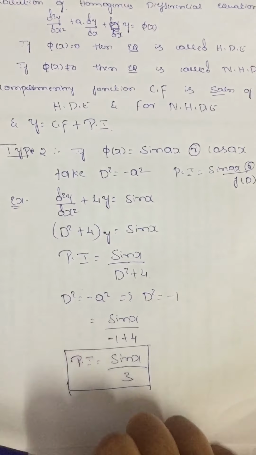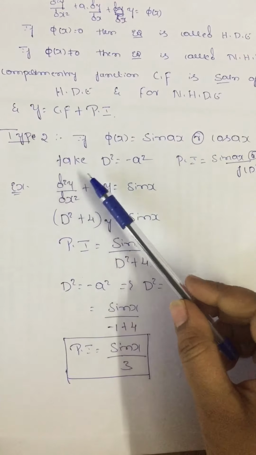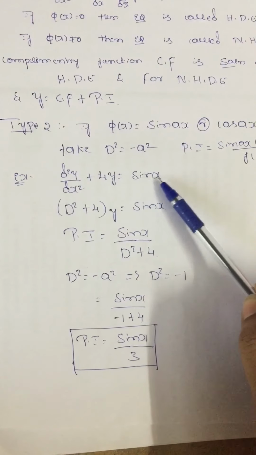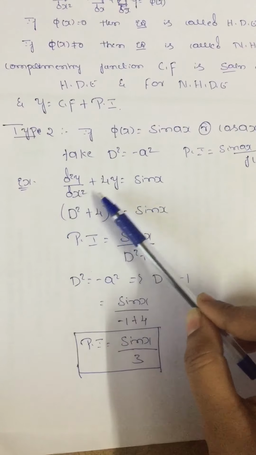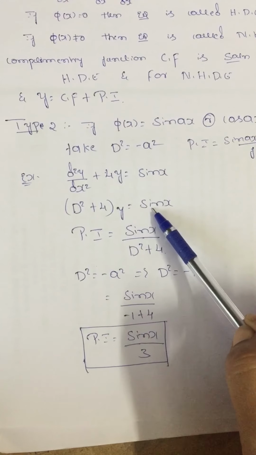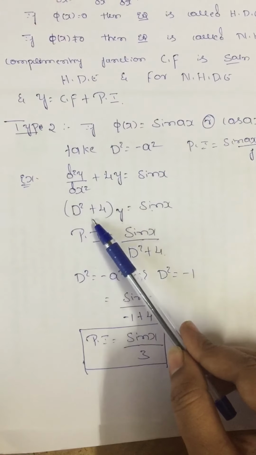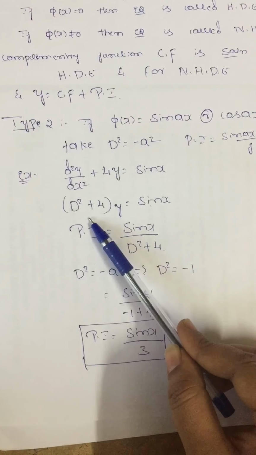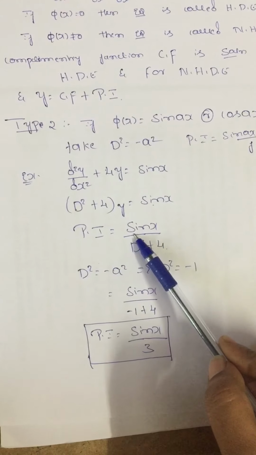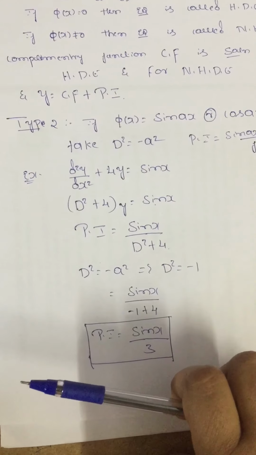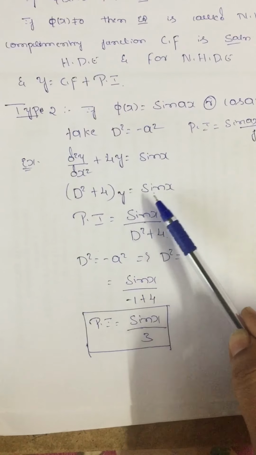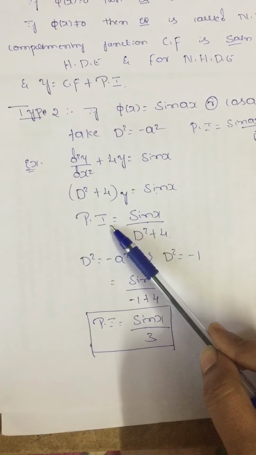For example 1, d square y by dx square plus 4y is equal to sin x. First we can write this equation as d square plus 4 of y is equal to sin x. Using the LHS we find the complementary function, and using the RHS we find the particular integral. I think all of you know how to solve the complementary function, so I explain only the particular integral.